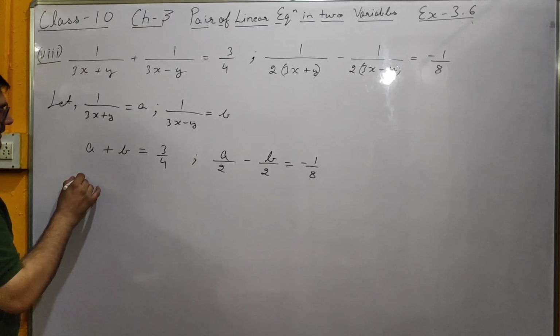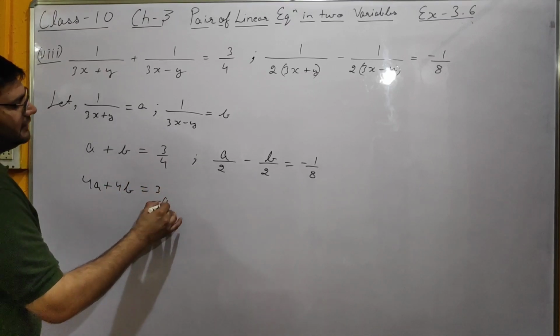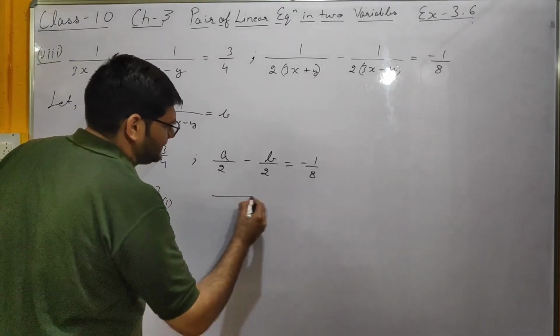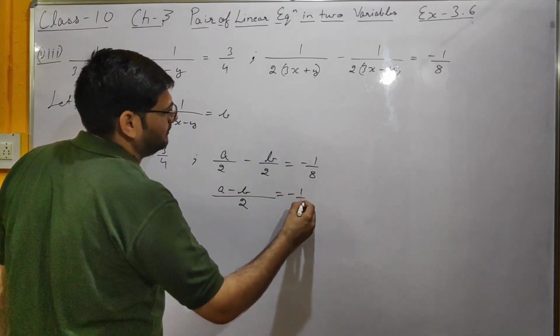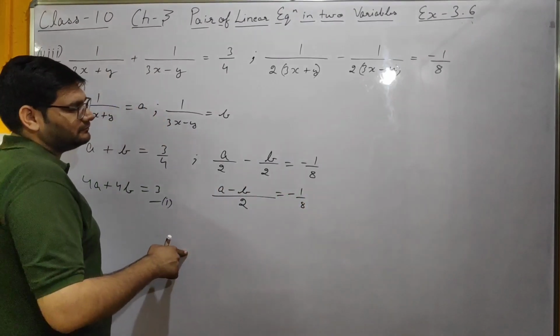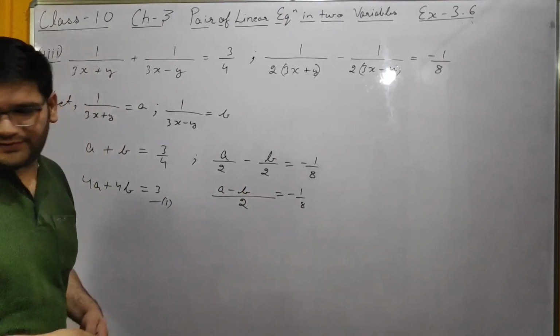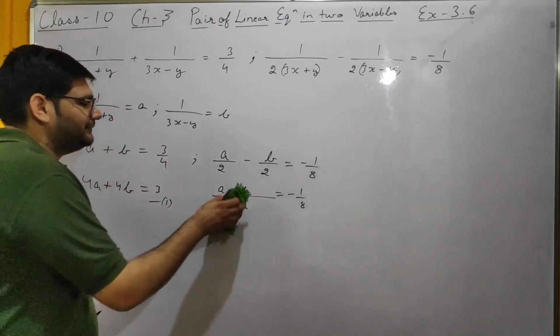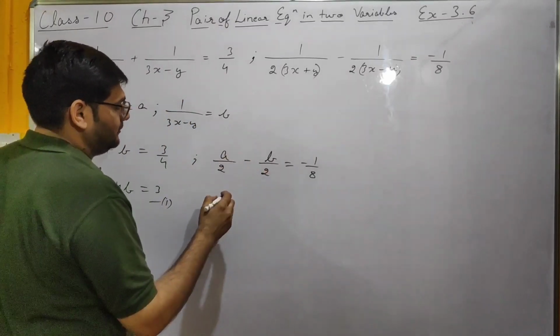Cross multiply it. 4a plus 4b equals 3. This is the first equation. LCM, it is 2. So a minus b equals minus 1 by 8. Instead of this, directly we can do, how? Multiply 8 on the left.